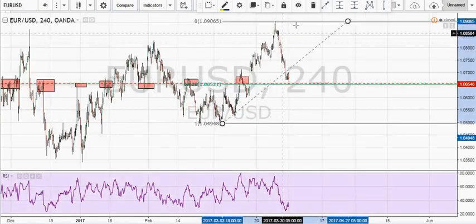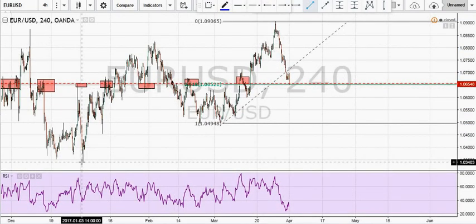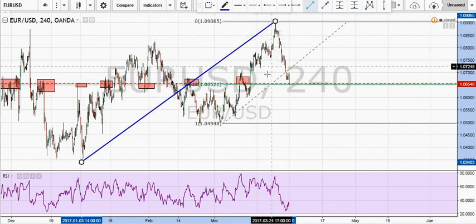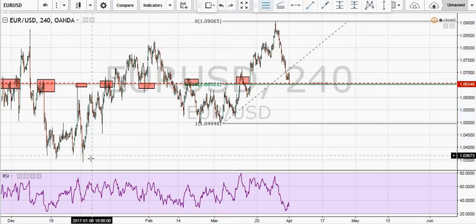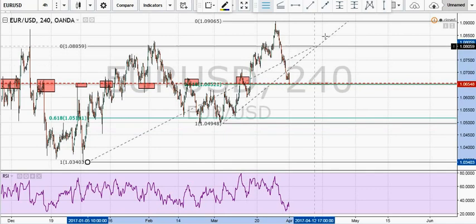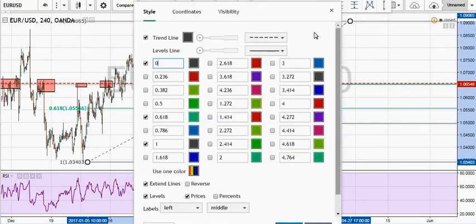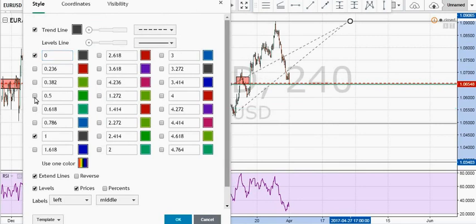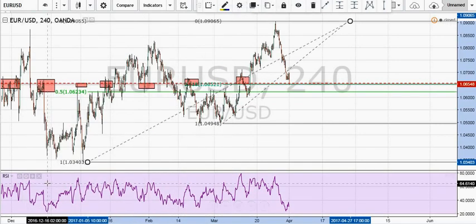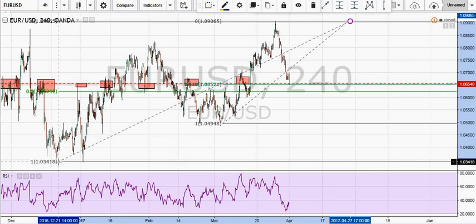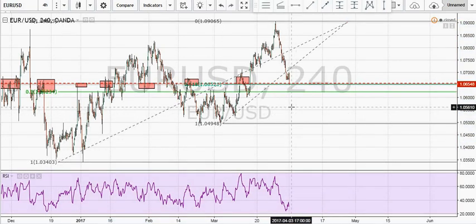If we were to take a swing low to a swing high of this whole move, we could possibly get a 50% retracement. Let's see, 50%, is it there? Slightly below. However, we can use this as a potential area for entry.